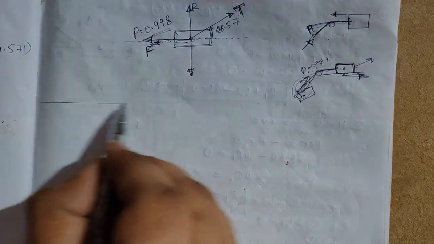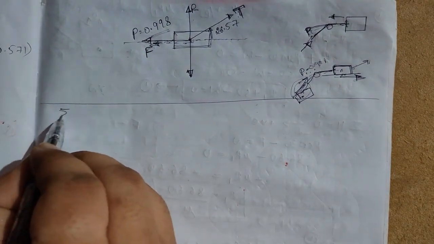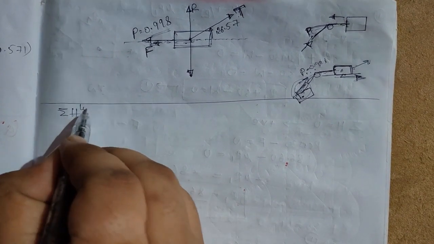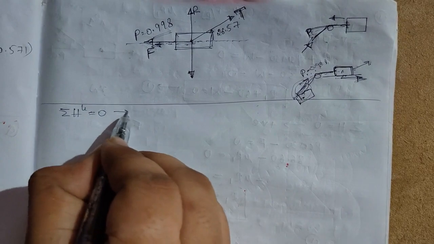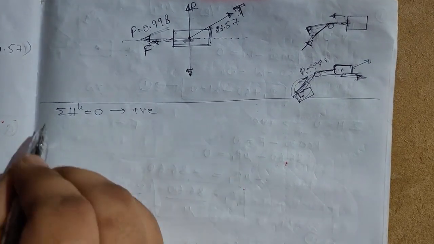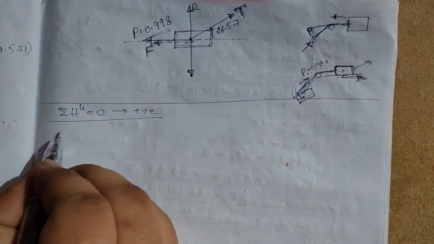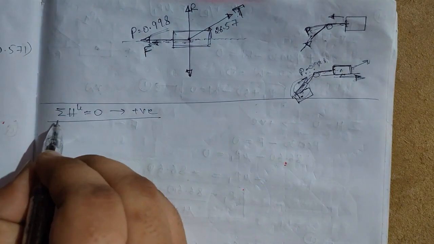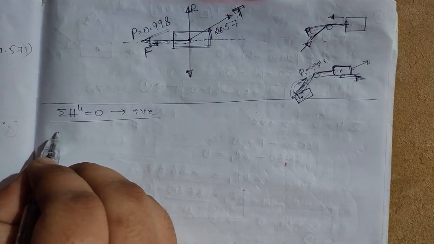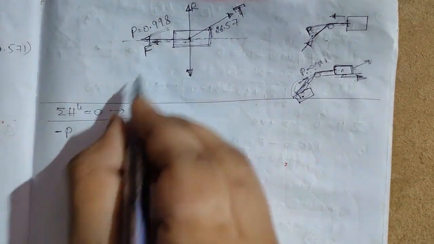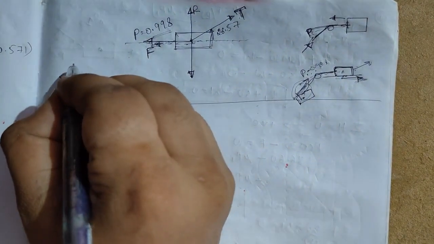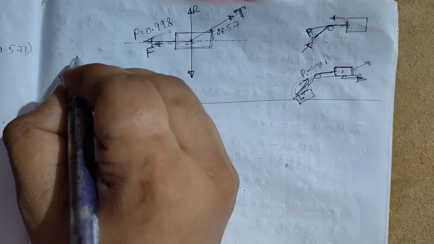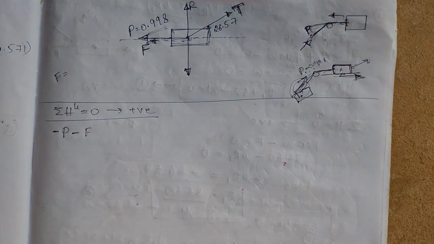So now what you do, you just apply the equilibrium of force concept, that is summation of horizontal force equal to 0, taking left to right as positive. So what are the forces? P is the force, so it is minus P, and here minus F, and F value is mu R. Mu value for A is 0.2, right?